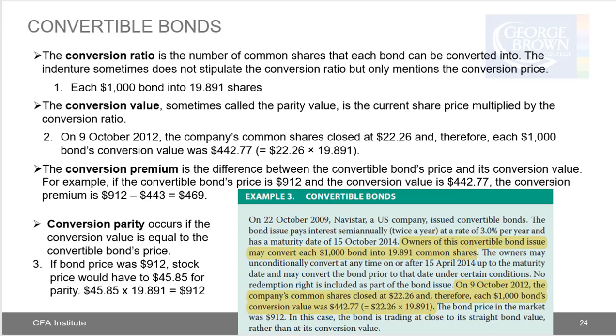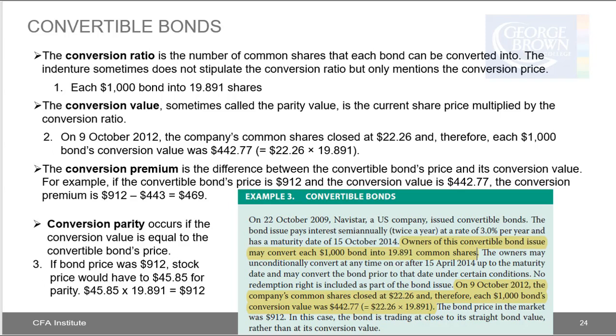Then finally, conversion parity occurs if the conversion value is equal to the convertible bond's price. So if the bond price was $912, the stock price would have to be $45.85 for parity. That would be $45.85 stock price times the 19.891 shares that you would receive for each $1,000 bond. That would equal $912. That's when you would get the conversion parity.